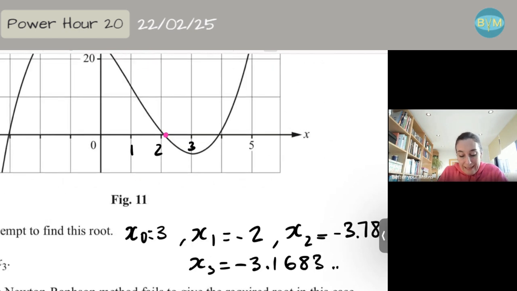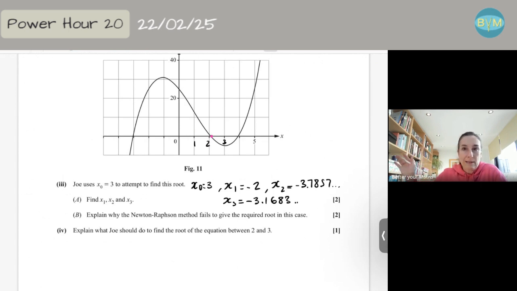Here we started with 3, and 3 is around a minimum. When the value that we substitute in the Newton-Raphson is close to a stationary point, so a maximum or minimum, the method is not going to work. It's not going to go towards the root. It's going to go somewhere else.